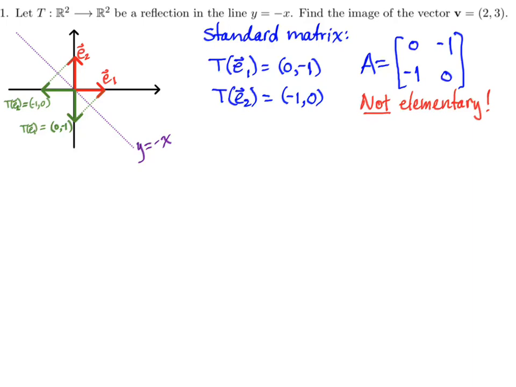You would have to swap the two rows. That's one operation. Then another operation is multiplying one row by the scalar negative 1. And then the third operation would be multiplying the other row by the scalar negative 1. So there's actually 3 elementary row operations involved there. So there's 3 different elementary matrices that you'd have to multiply together to get A. So this is not a single elementary matrix.